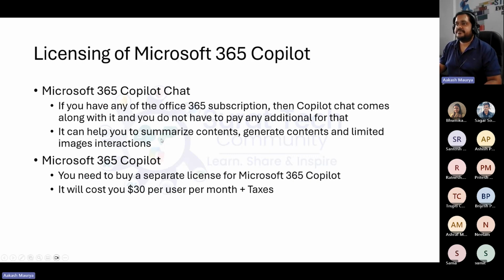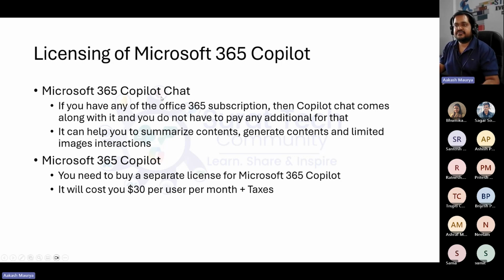Just before jumping to the demo, one more slide on licensing. As I already mentioned, we have two types of Microsoft Copilot. One is Copilot Chat, which is freely available with your Windows license, as per your Windows update, 10, 11 or whatever.